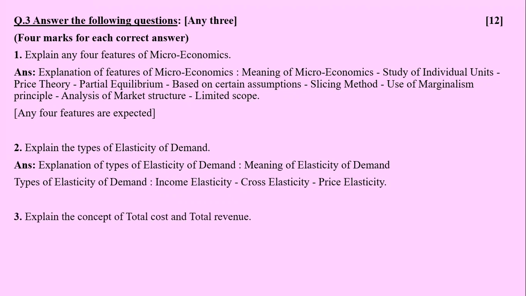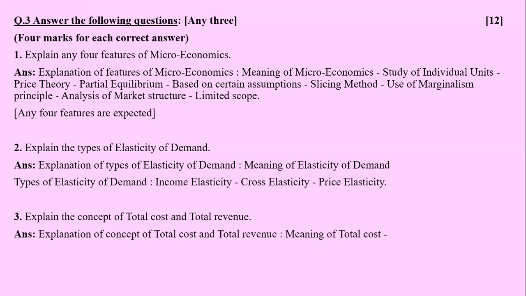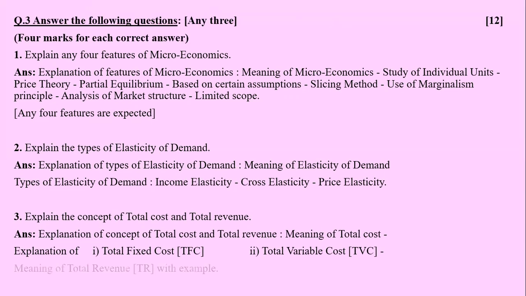Now see the third question. Explain the concept of total cost and total revenue. Now see the points. Explanation of concept of total cost and total revenue. Here, meaning of total cost. Then explanation of total fixed cost, means TFC. Then meaning of total variable cost, means TVC.